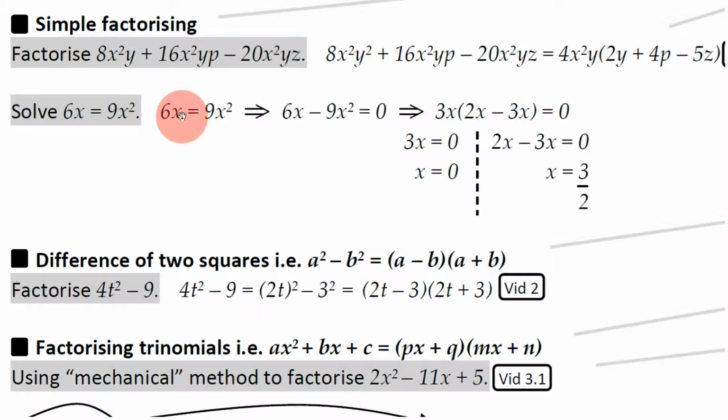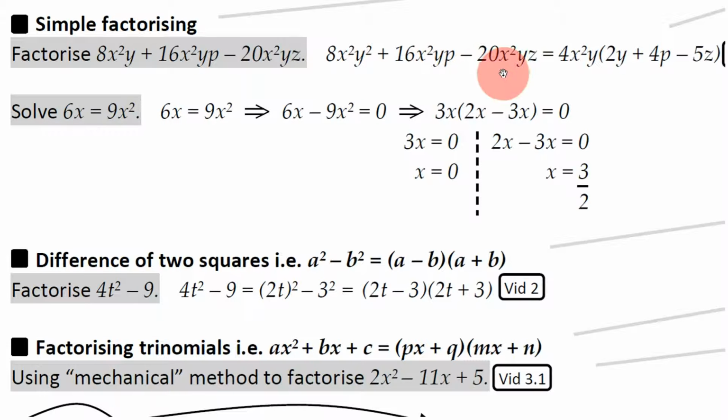So simple factorizing basically means finding common factors within an expression and taking it out to one side. It's the opposite of multiplying out brackets. So when I factorize it, it will look like this, and when I multiply this stuff back out, it will go back to my original expression that I factorized.